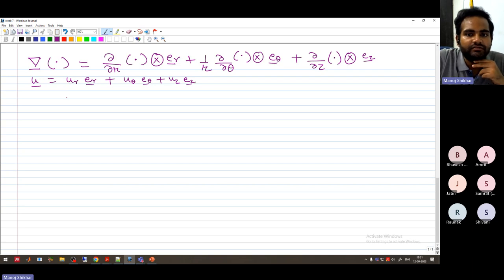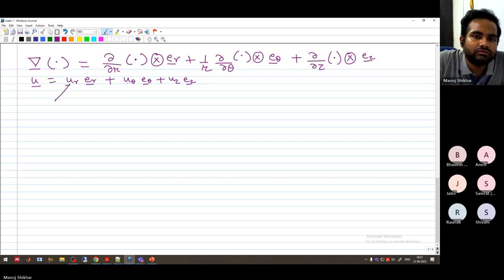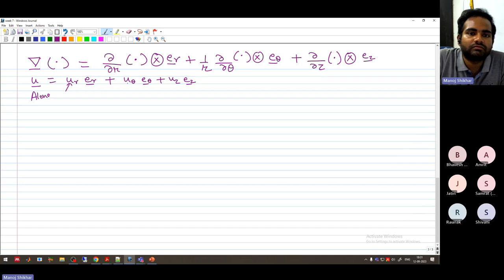Displacement along the radial direction, displacement along the circumferential direction, displacement along the z direction, also known as the length direction. You can say the height, whatever you prefer.